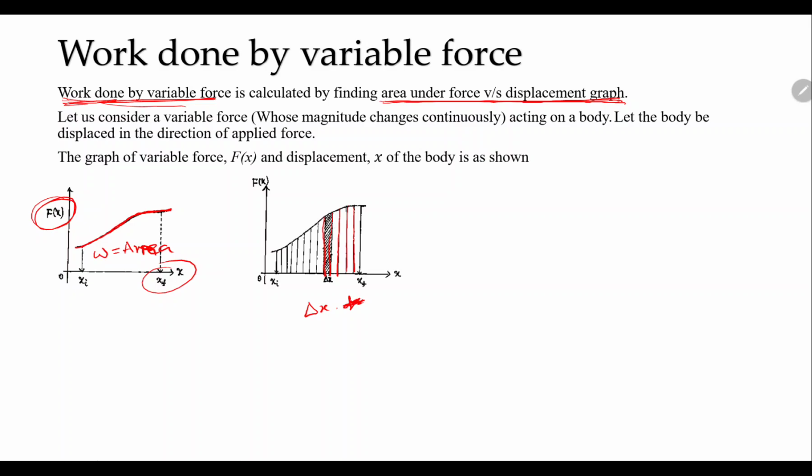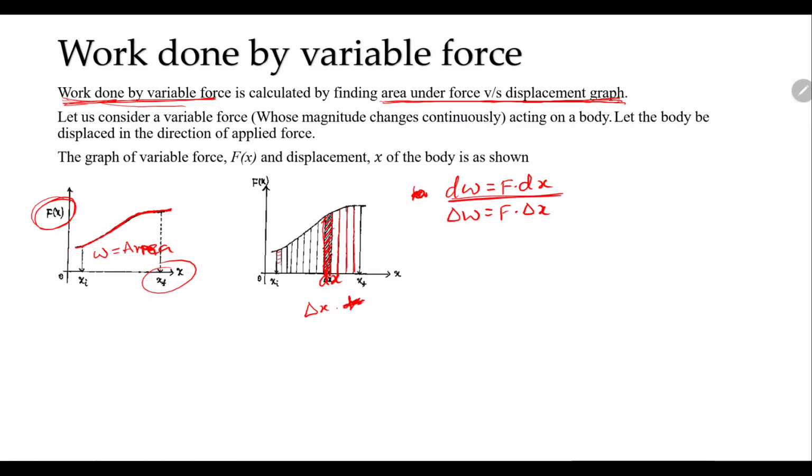So the area under this particular region is the work done. That is dW is equal to force into displacement. If you write delta W, we get force into delta x. Let me write dx itself, it will be good for us. So dW is equal to f into dx, the small work done.